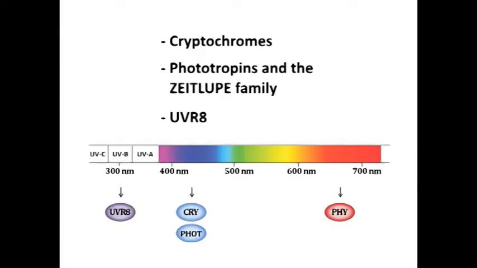There are three types of flavin-based blue light receptors in plants that respond to wavelengths between 350 to 500 nanometer. They are cryptochromes, phototropins, and the ZEITLUPE family, and UVR8.